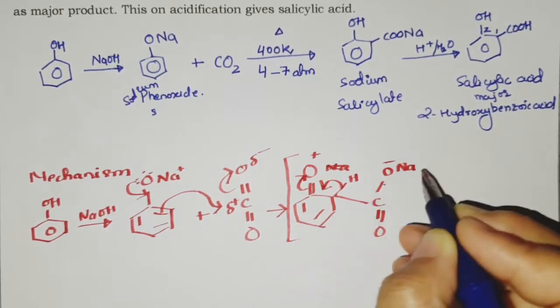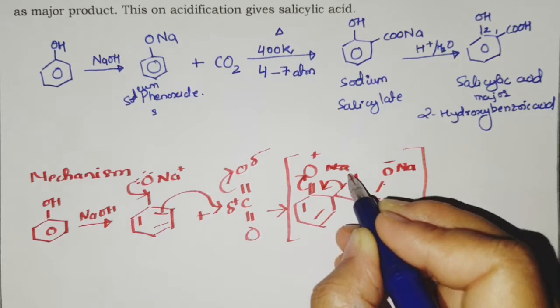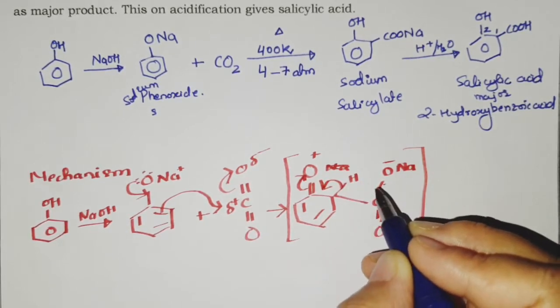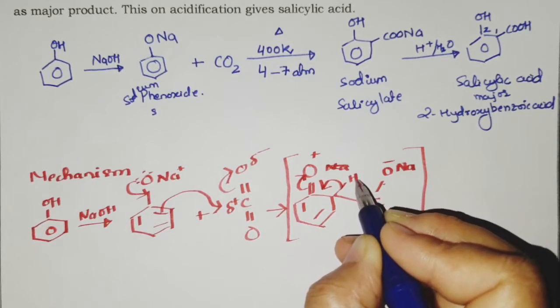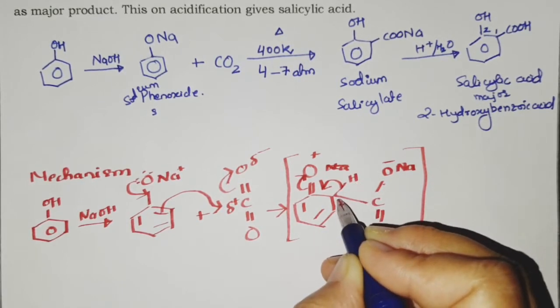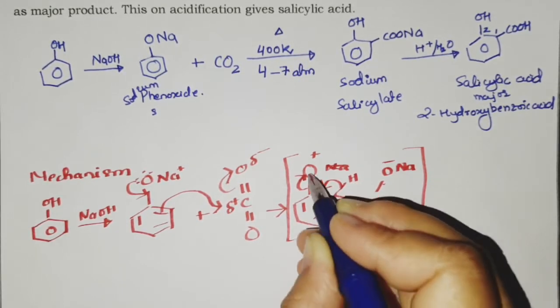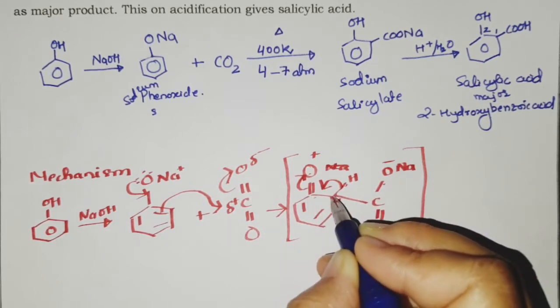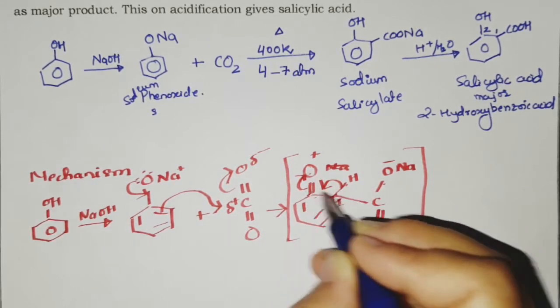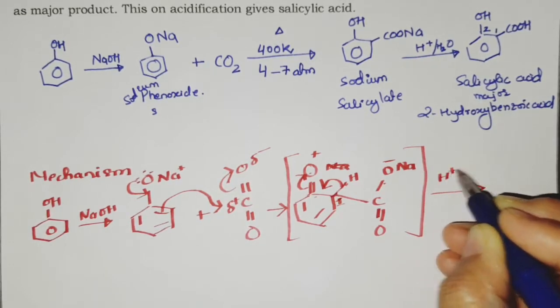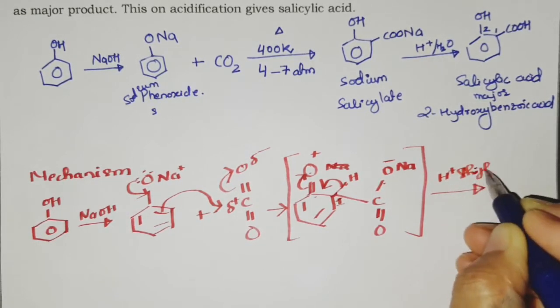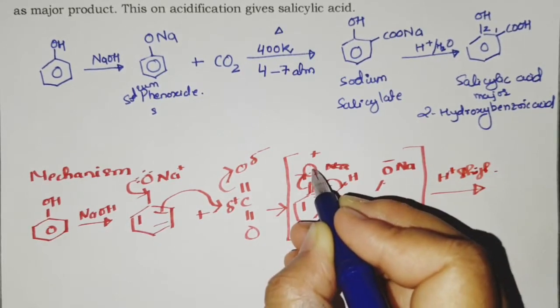Now what we can say is that here a hydrogen shift takes place. This hydrogen, H plus, shifts from carbon 1 to oxygen, 1, 2, 3, so we can call this a 1,3 hydrogen shift. So I'll simply write hydrogen shift, from this carbon to this oxygen.